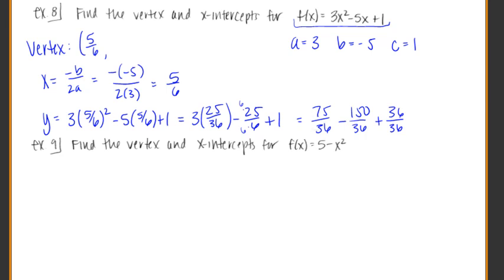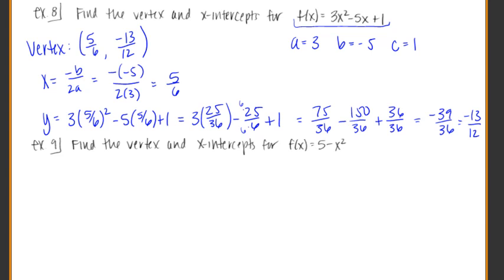And then if we go 75 minus 150, so negative 75 plus 36, we'll get negative 39 over 36, which if we divide everything through by 3, we'll shrink it down a little bit, negative 13 over 12. That was kind of gross, but there's the coordinate of our vertex right there.